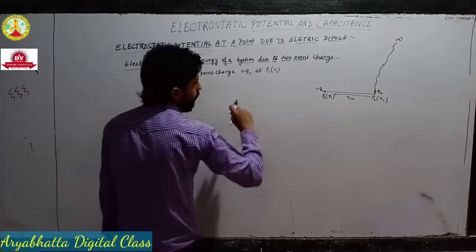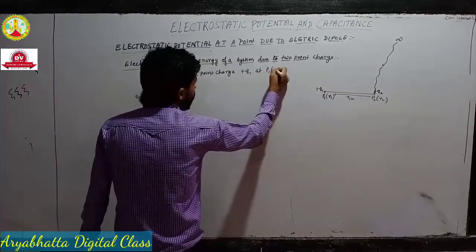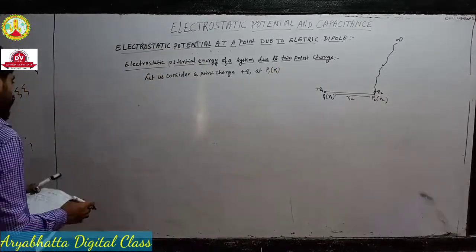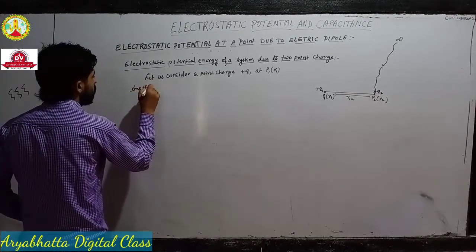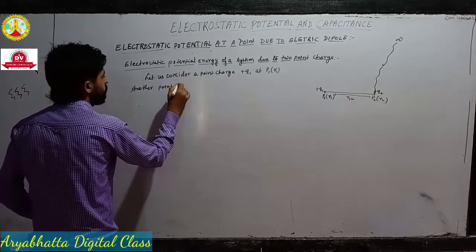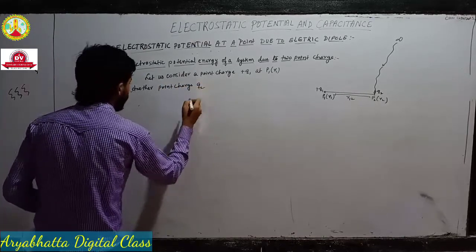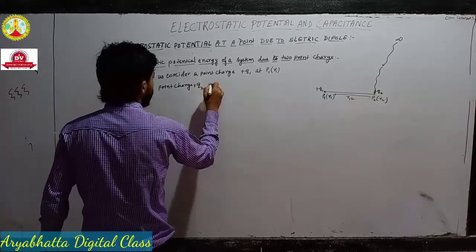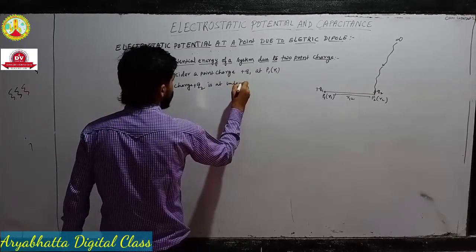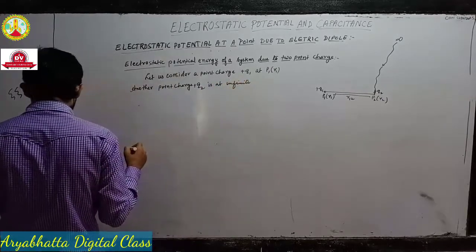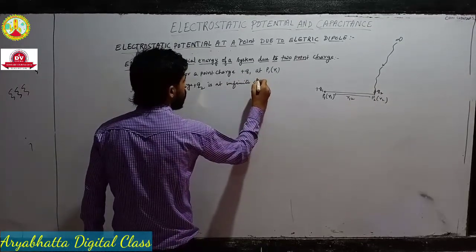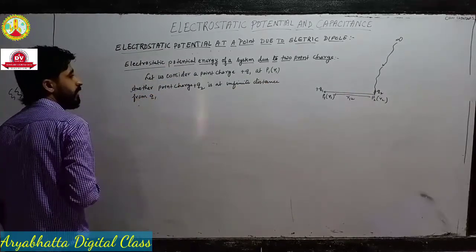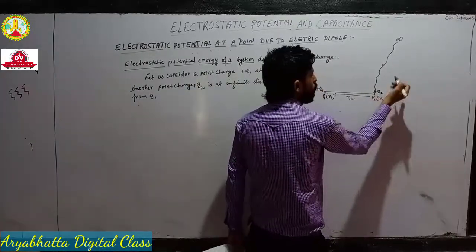Another point charge, plus Q2, is at infinite distance from Q1. I told you initially this Q2 was at infinity.